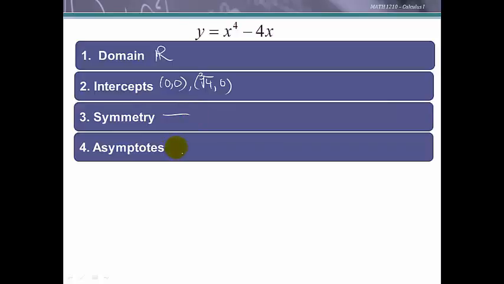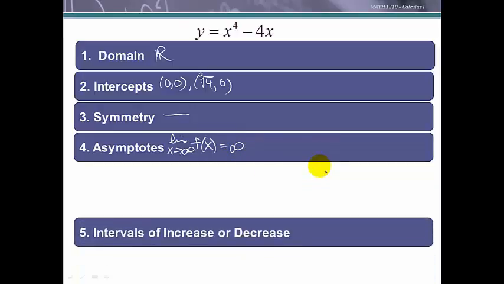There would be no asymptotes in this one because we didn't have rational functions or things that may have asymptotes. But one of the things we could consider, there's no vertical asymptote, but we could look to see what this function does as we approach infinity or negative infinity, and we can see that this will just keep getting larger and larger, and so it's going to approach infinity.